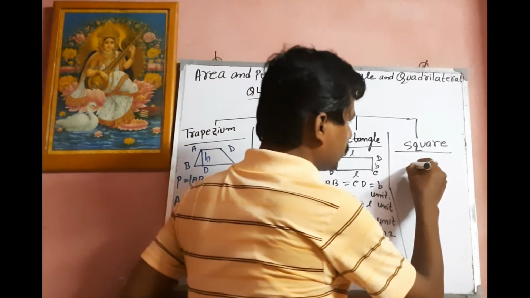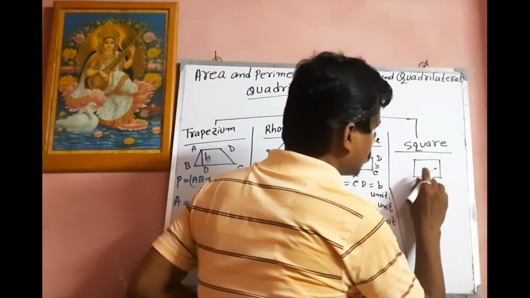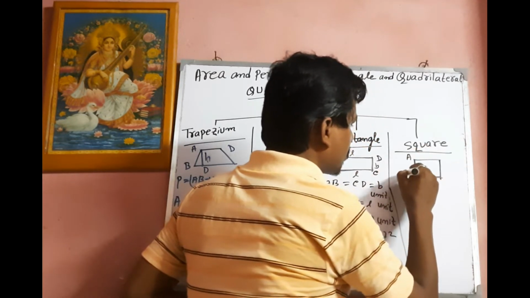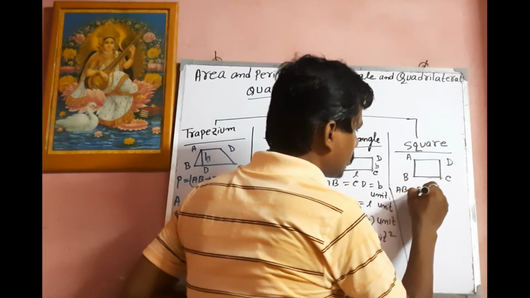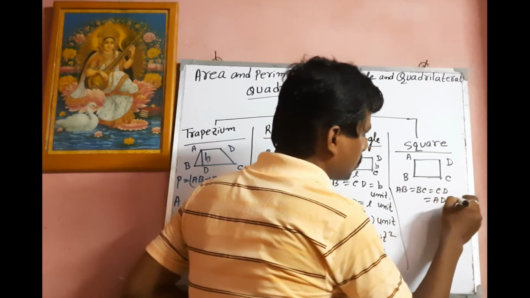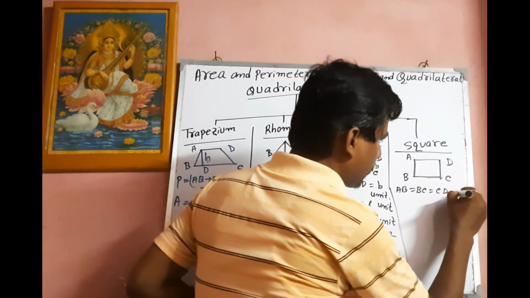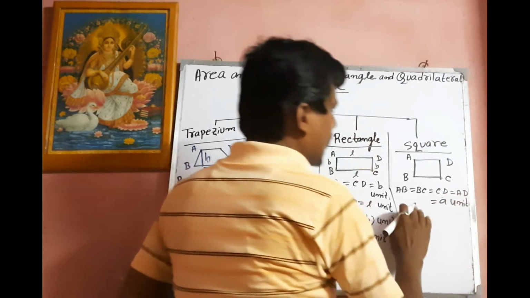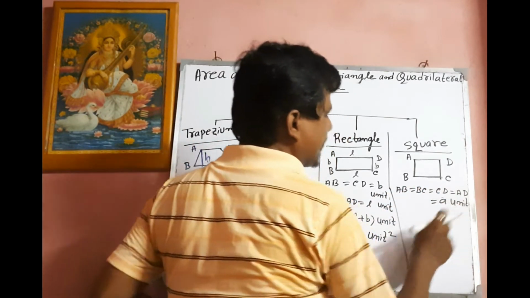Now we move to the square section. AB is equal to BC is equal to CD is equal to AD is equal to A unit.